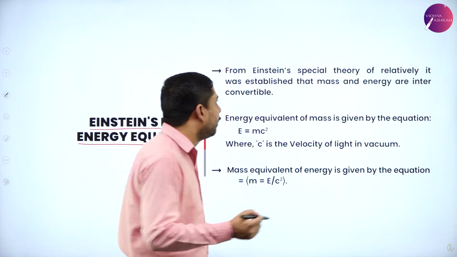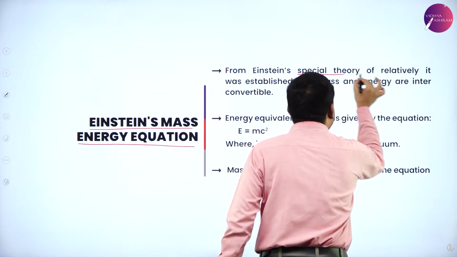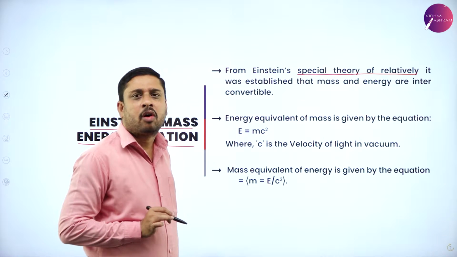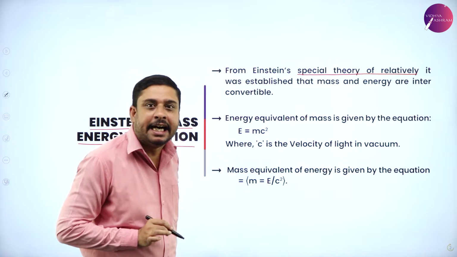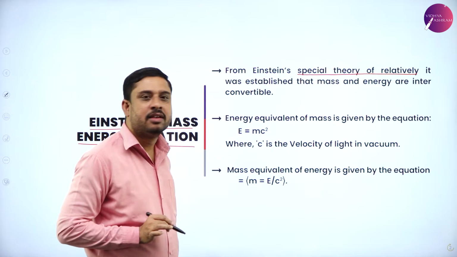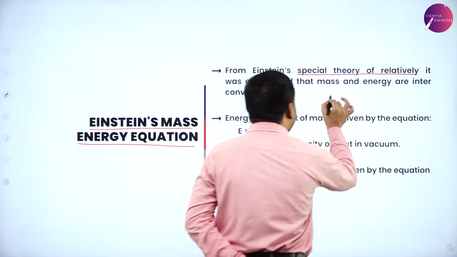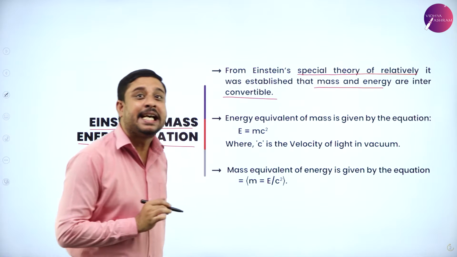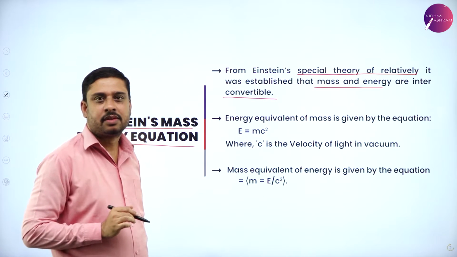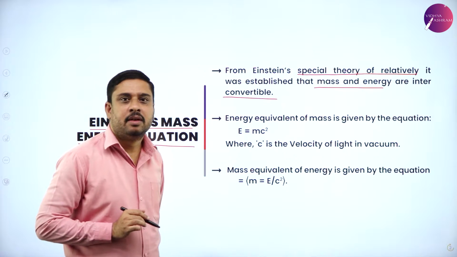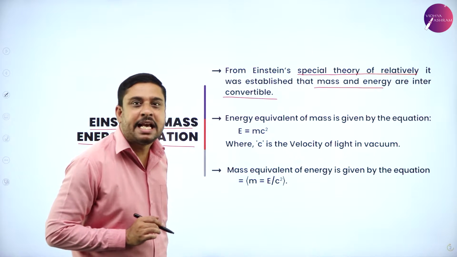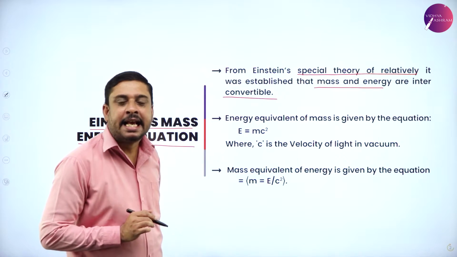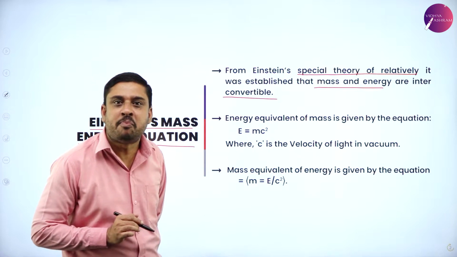But Einstein, from his special theory of relativity, established that mass and energy are interconvertible. Einstein shows mass can be expressed in terms of energy, or energy can be expressed in terms of mass.